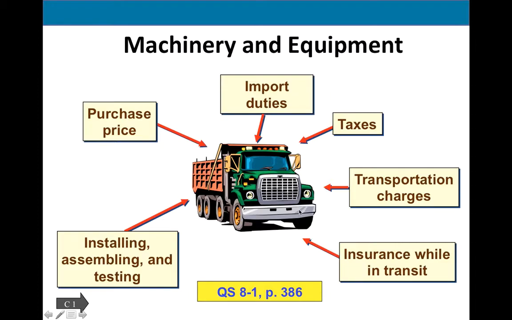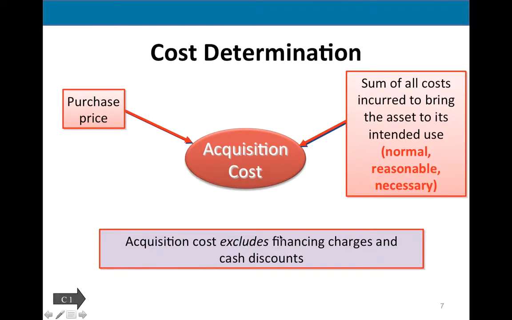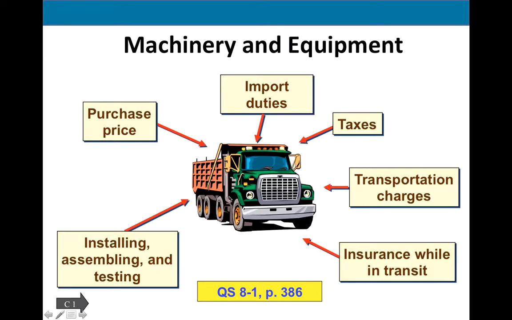If you buy this truck, besides the purchase price, if I look at the amount of truck on the balance sheet, it will include also import duties, taxes, transportation charges, if I have to do the freight in to get the truck to my location, insurance while it was in transit, any kind of installation, assembling, and testing if needed. So anything normal, reasonable, necessary. Everything else, such as advertising expenses or any kind of repair expenses, is not included in the cost of the asset. It will be expensed right away.